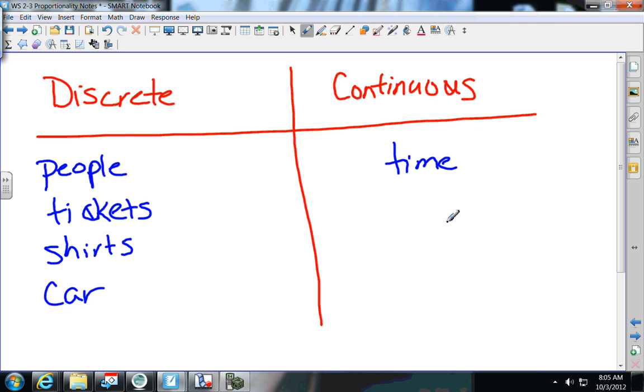Money is a difficult one. Yes, I understand what you're saying. Technically, it would be discrete because it's certain pennies, and you can't have less than a penny, and you can't have like 0.8888 cents for something. But I understand what you're saying. So we're going to ignore money for right now. What else besides time? The height, and what are you trying to say?